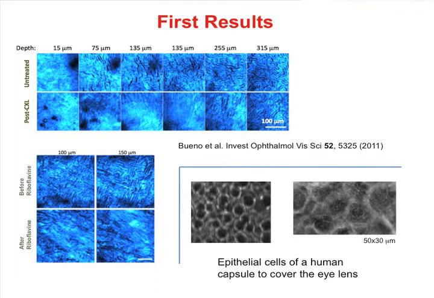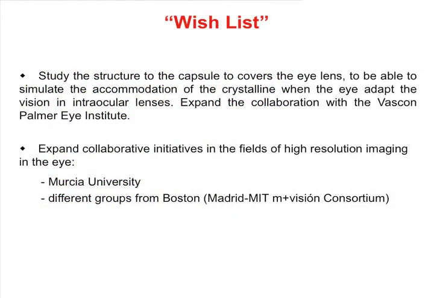In the same sense, we have obtained our first multiphoton microscopy image of the human capsule with our system. You can see in this image epithelial cells of a human capsule obtained from a capsulorhexis during cataract surgery. Of course, our first wish is to complete the system and start getting results soon.